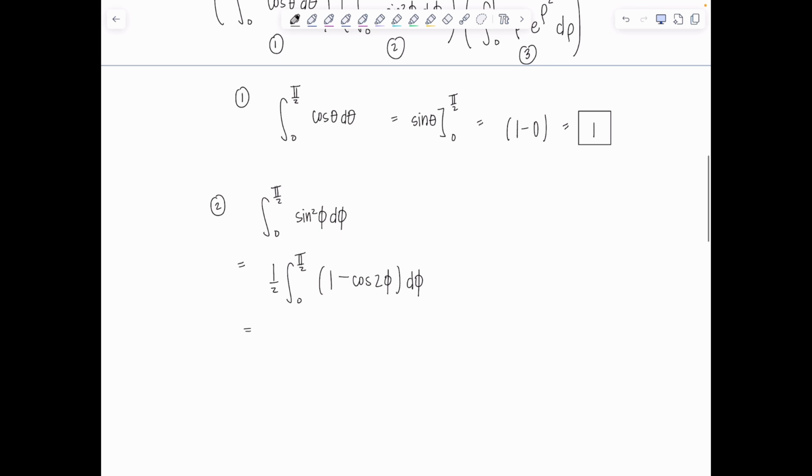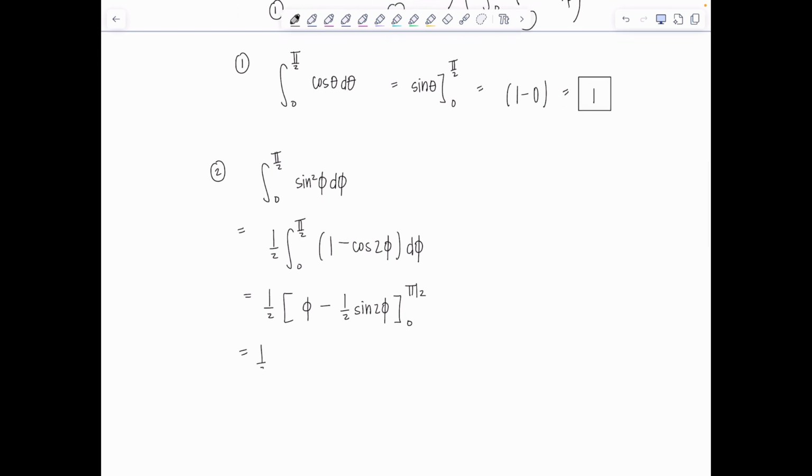Then we have 1/2 phi minus 1/4 sine 2 phi, from 0 to pi over 2. This is 1/2 times pi over 2 minus 1/4 times sine of pi, so 0, minus 0 plus sine of 0. So what is this? Pi over 4.